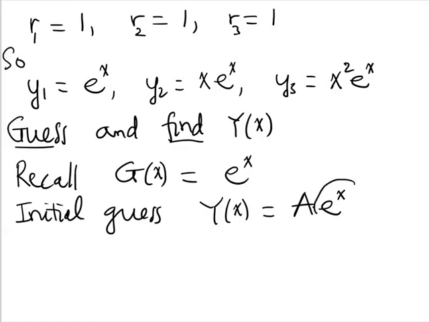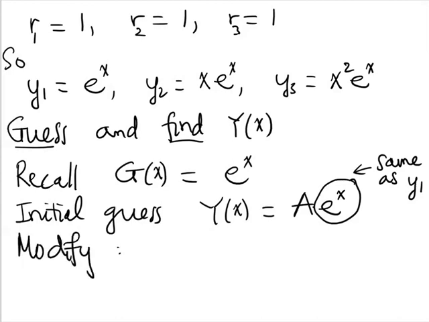But then this is the same as y1. So we need to modify by multiplying by x. So a x e to the x. So now capital Y is a constant times x e to the x.